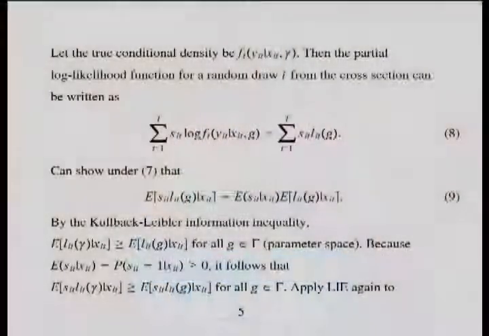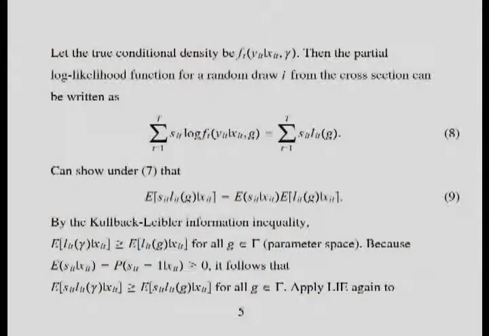And again, the way one goes about showing that this is sufficient is to look at the so-called pooled likelihood function. Now notice in this case, this is not necessarily a true likelihood function, because this might not actually represent a joint distribution of the response variable across all time periods, conditional on the x's at all time periods.